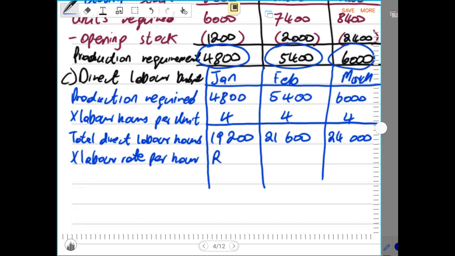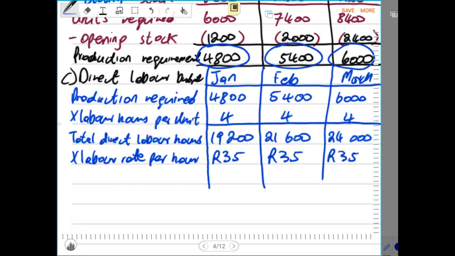If our employees were paid per product, we could just take the labor cost per product and multiply that by the number of products. But in this case, our employees are paid per hour. Hence, we first have to convert our units into the number of hours that are required to produce the production required. So now we know that it is 35 rand, 35 rand, and 35 rand.